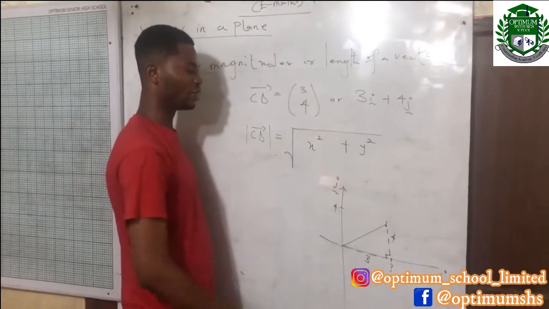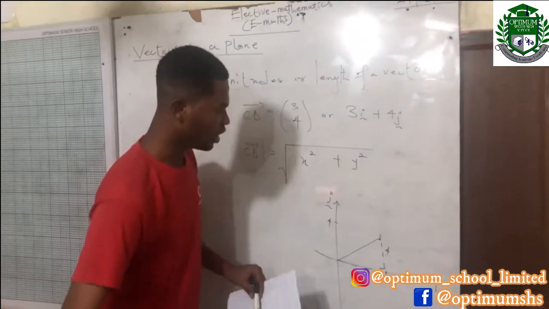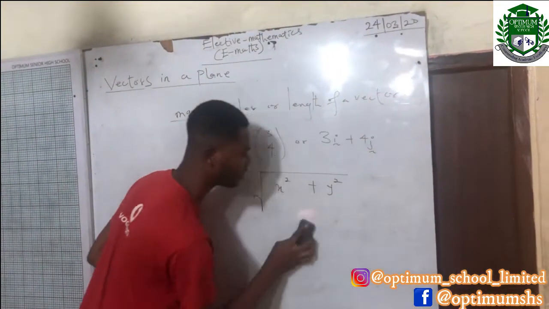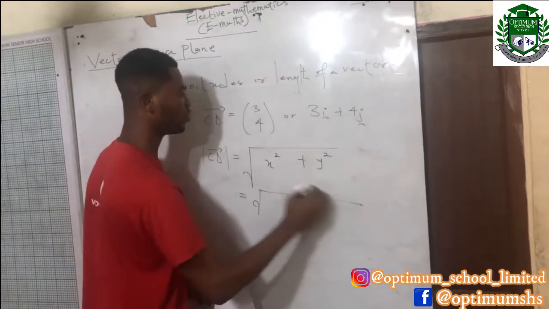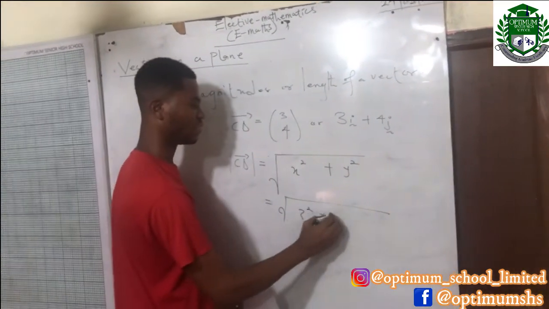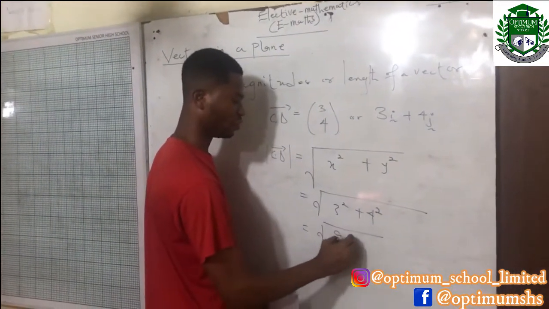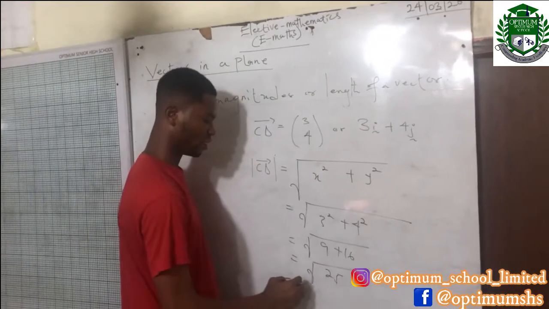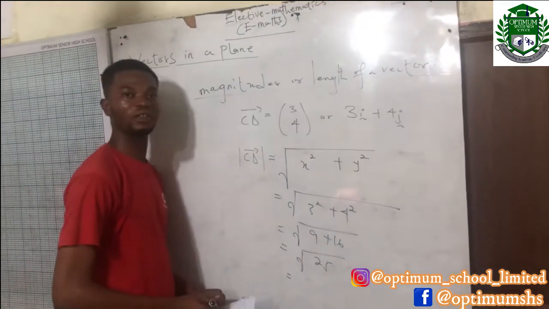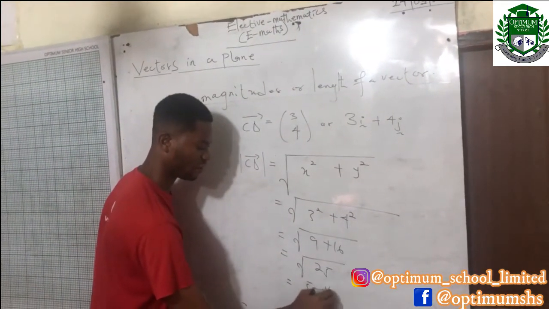So you can see that's where we get the formula to calculate the magnitude of a vector. So here, to find the magnitude of the vector CD, this simply becomes square root of 3 squared plus 4 squared. This gives me 9 plus 16. This is 25. And then 25 is a perfect square. So final answer becomes 5 units.